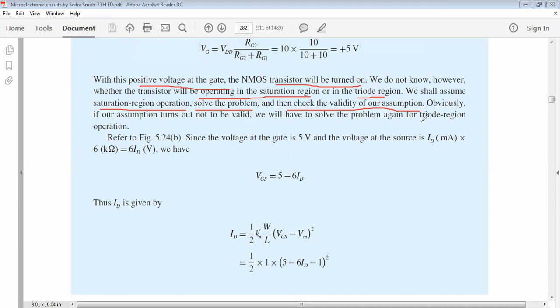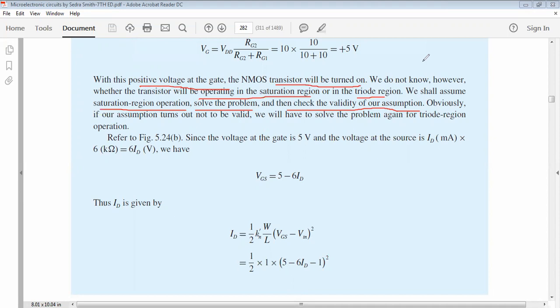First of all, we assume that the MOSFET operates in the saturation region. We calculate the branch currents, and then validate whether our assumption is correct.